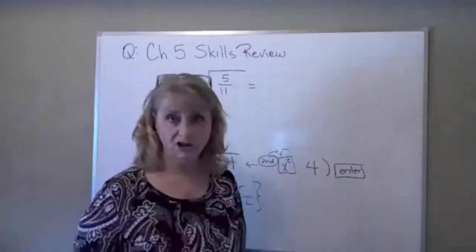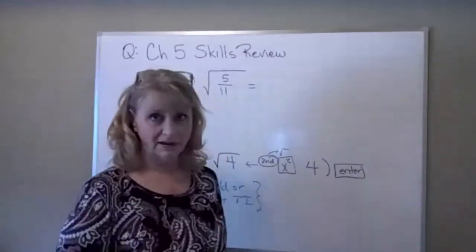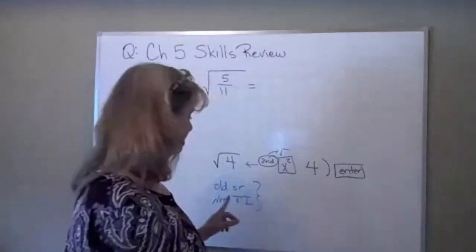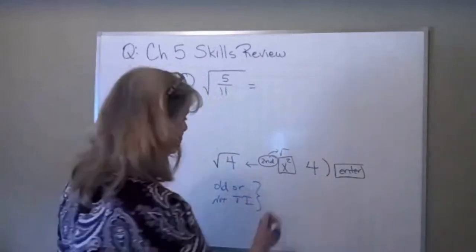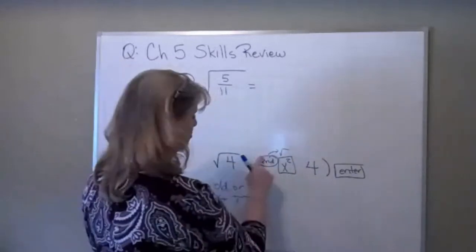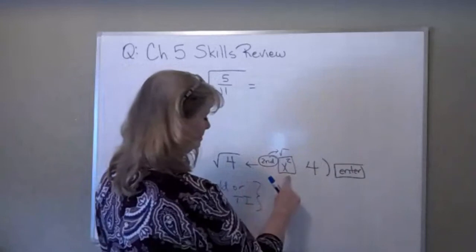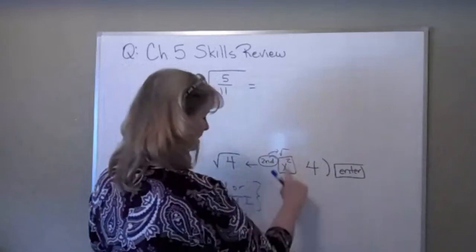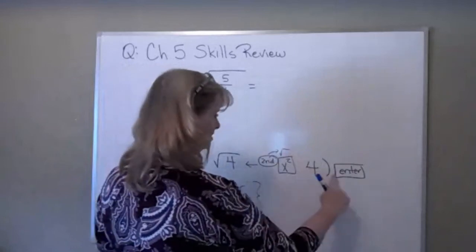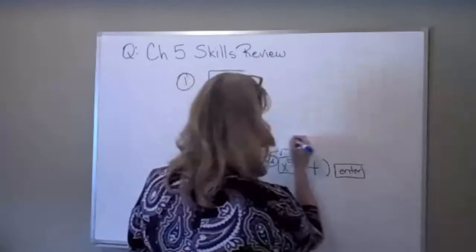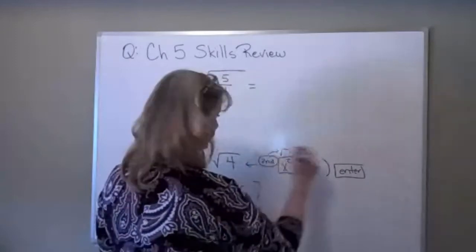If you have a 4-function calculator or a basic scientific calculator that's not a TI, then you might have to do it this way. You might have to type. So when I did it this way, I did second, x squared, then the 4, and the printout looked like this.